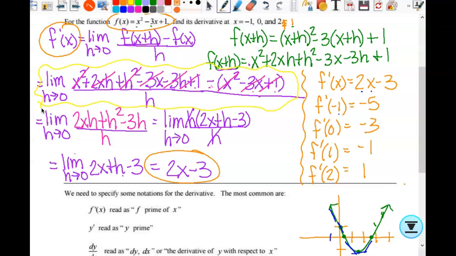But this part right here is your f of x. Make sense? And then if you know your shortcuts, then you can easily find the derivative without doing all this other stuff that we just did, okay?